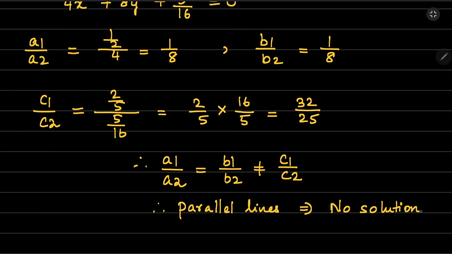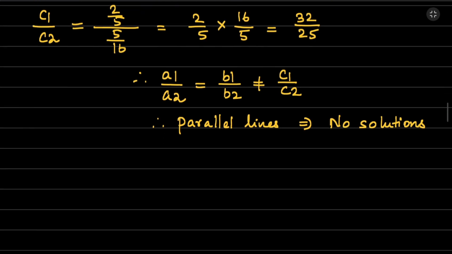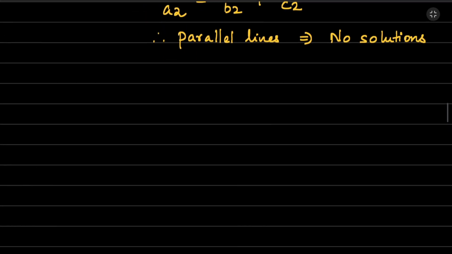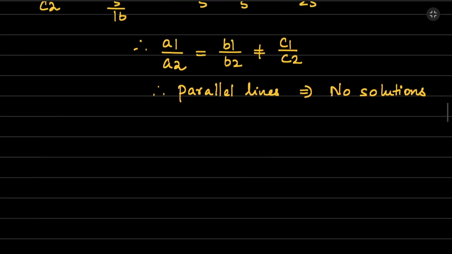So these are all the three conditions by which you can identify if a given pair of equations has a unique solution, meaning graphically they will intersect each other. If all the three ratios are equal, then they are coincident or overlapping lines, with infinitely many solutions.